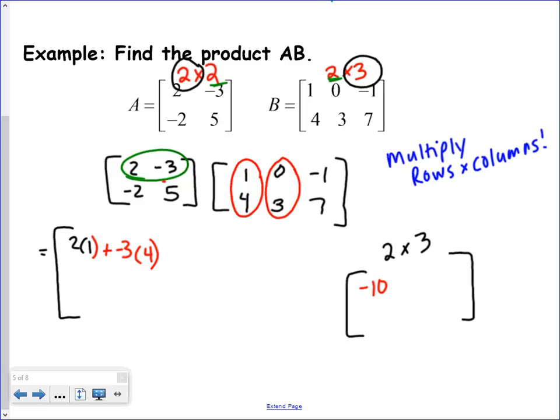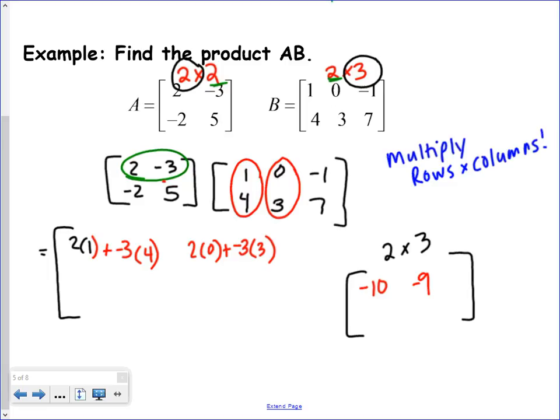So my second entry would be 2 times 0 plus negative 3 times 3. Remember, first entry in the row would multiply by first entry in the column, second entry in the row by second entry in the column. And that would be 0 plus negative 9, so negative 9. First row, second entry. And this is 2 by 3.